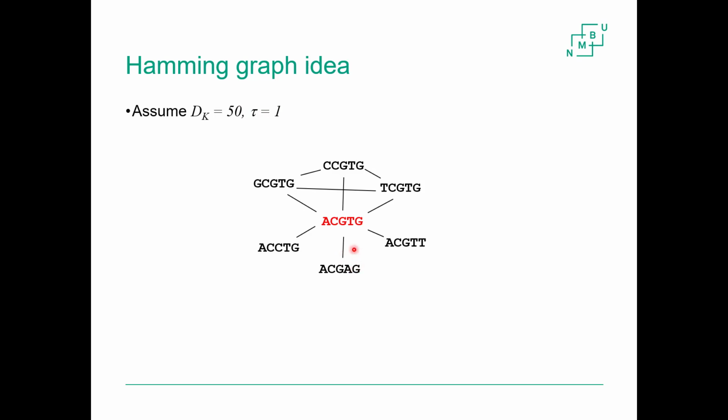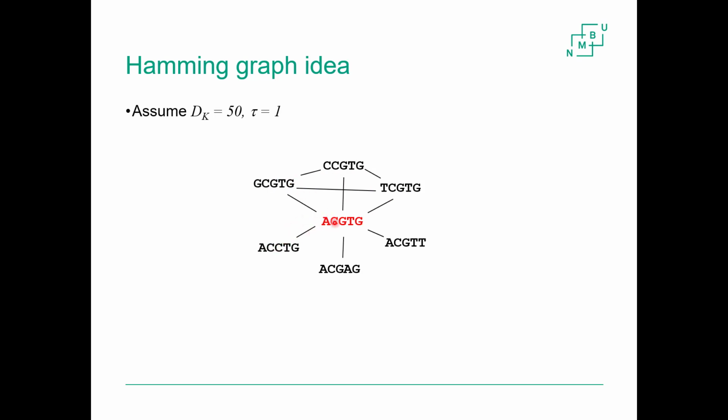So this is the idea of the Hamming graph: in a connected component like this you will typically have one k-mer which is the true, error-free one, and around it as neighbors you will have some variants due to sequencing errors.